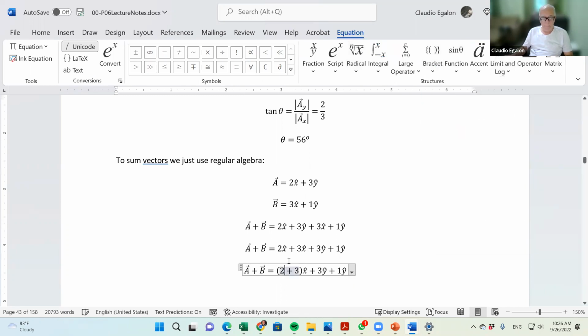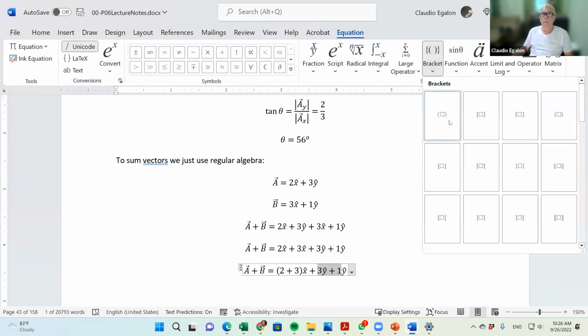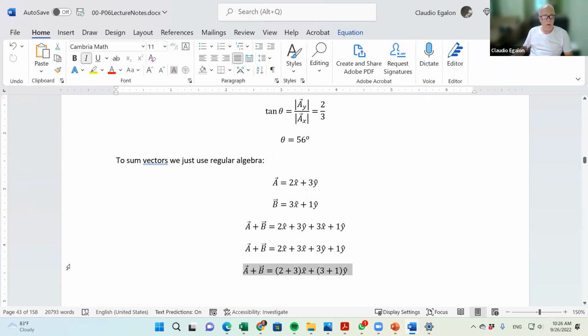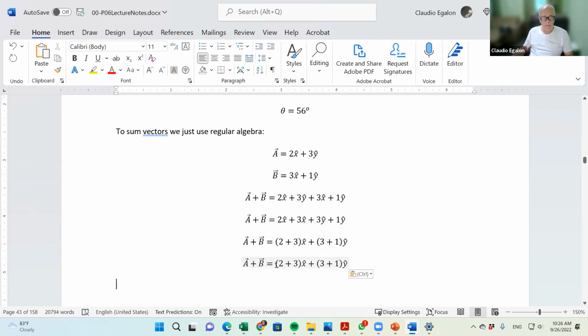Same thing here. Go. Okay. Here's 5. Here's 4. That's the resulting vector.